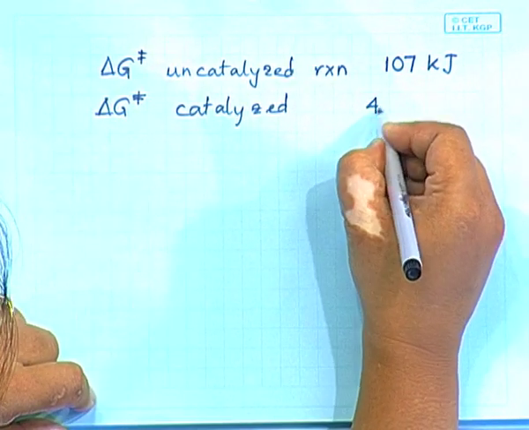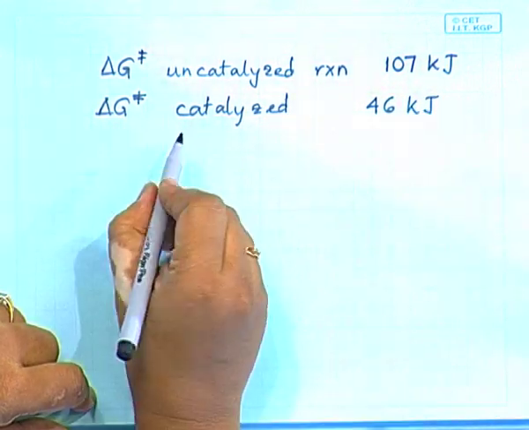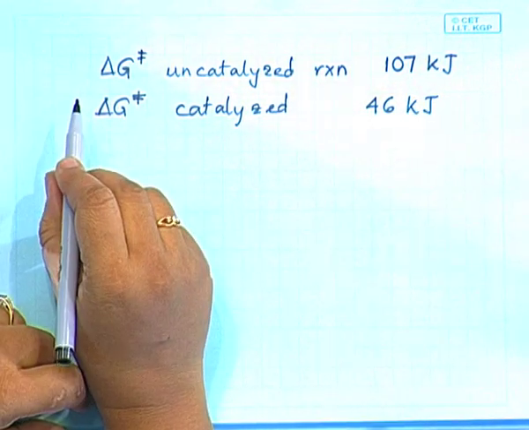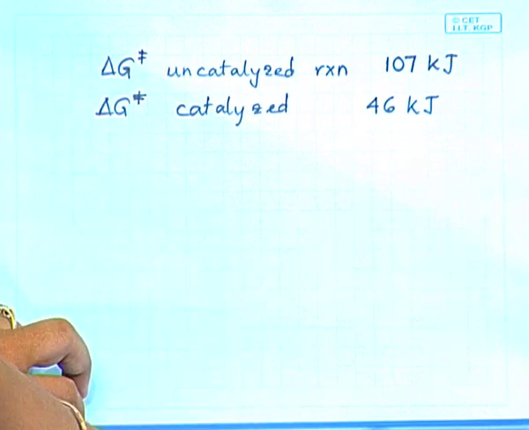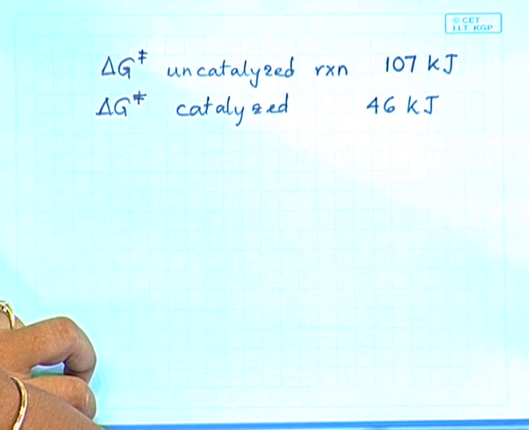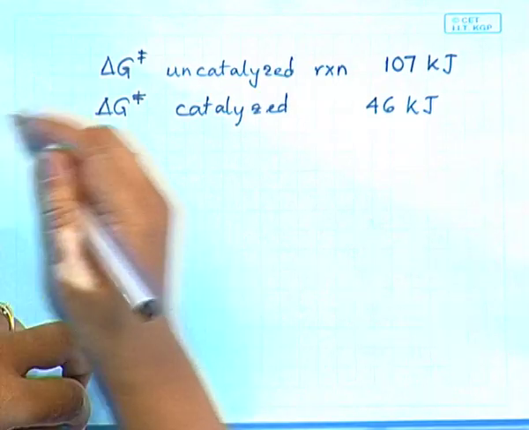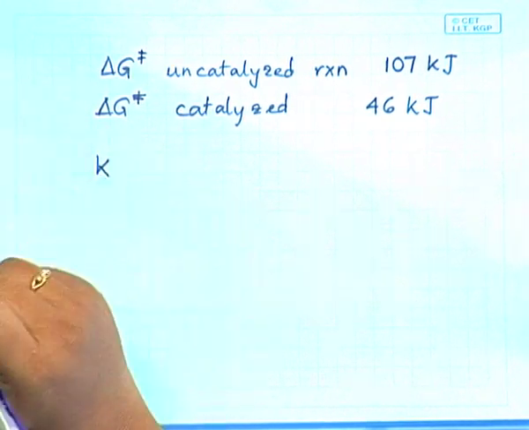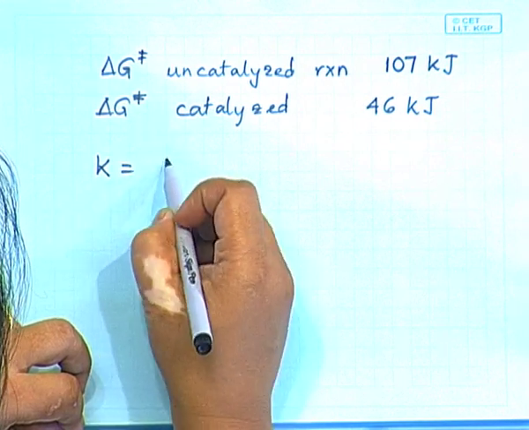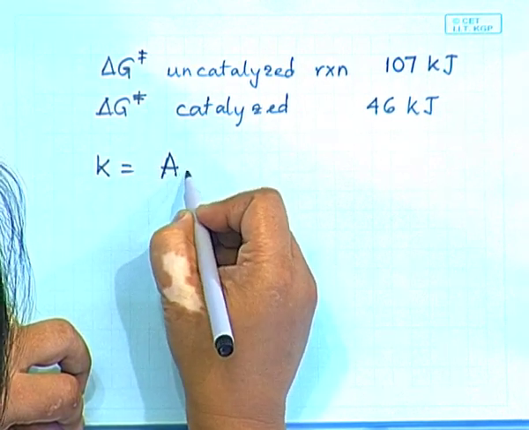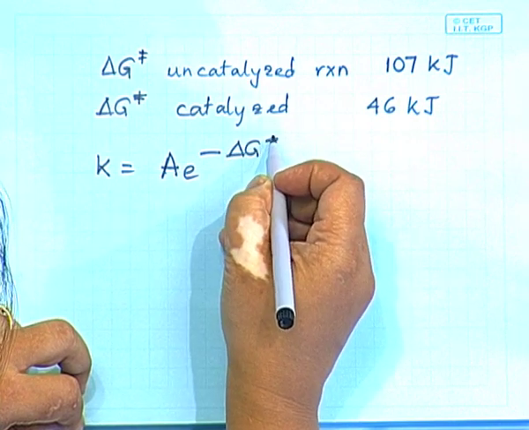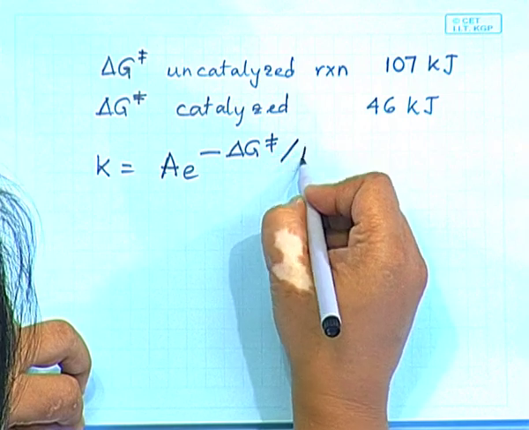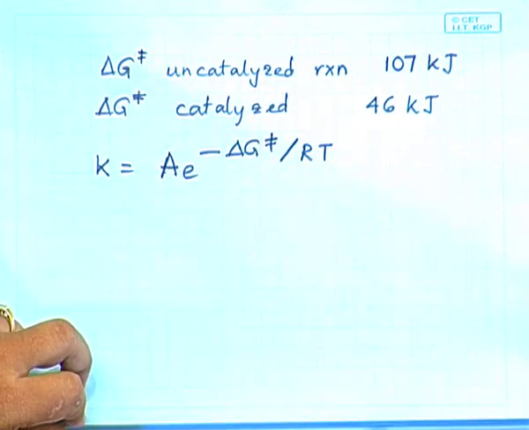Smaller. Why? Because my reaction is now catalyzed, my energy of activation has decreased. If I want to find out how the rates have changed, which expression do I use? I use the Arrhenius expression. What is the Arrhenius expression? A e to the power minus EA by RT. So, what can I do?